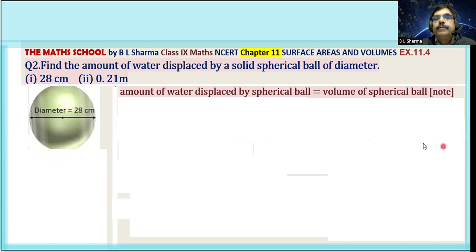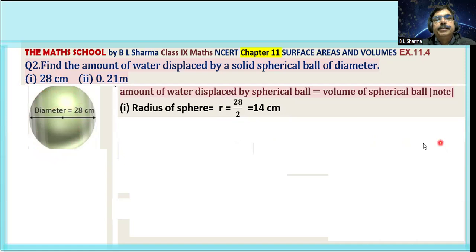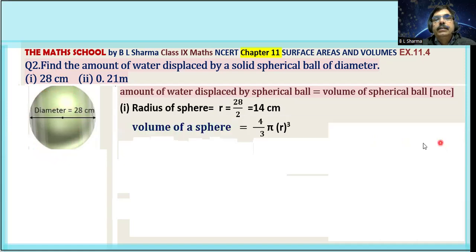So since diameter is 28 centimeters, radius will be 28 by 2, that is 14 centimeters. And the volume of a sphere is given by 4 upon 3 into pi into r cube. Here r stands for radius. In place of radius, we can put 14 centimeter. So 4 upon 3 as it is.